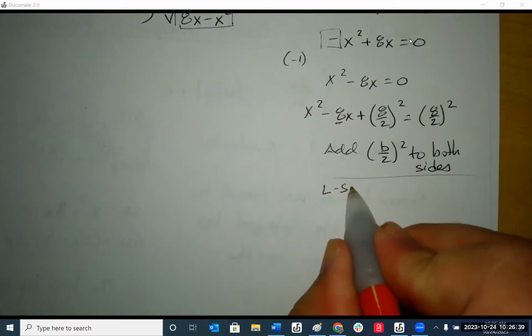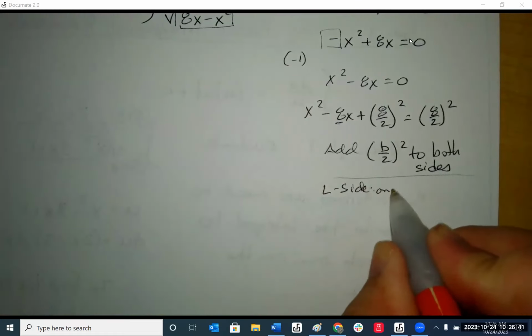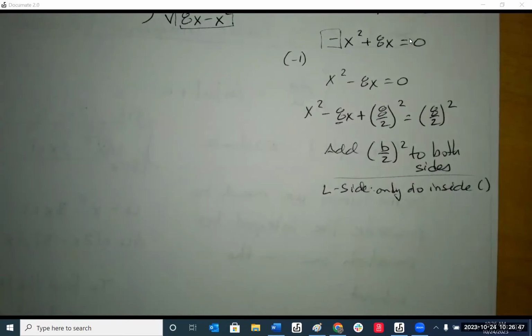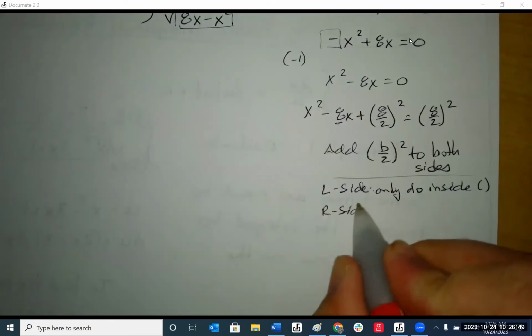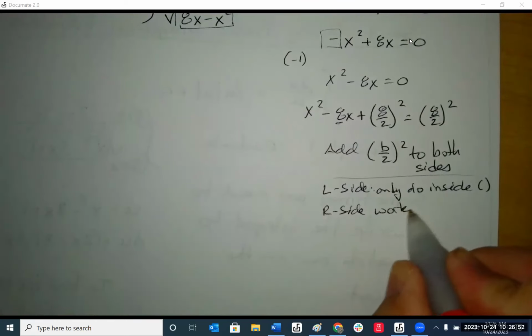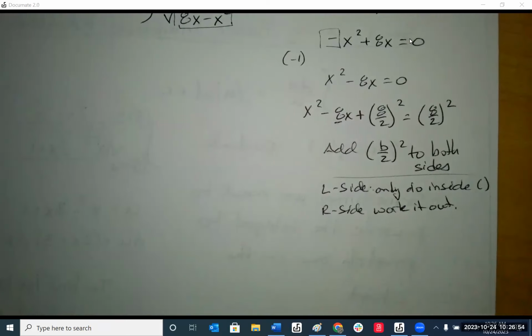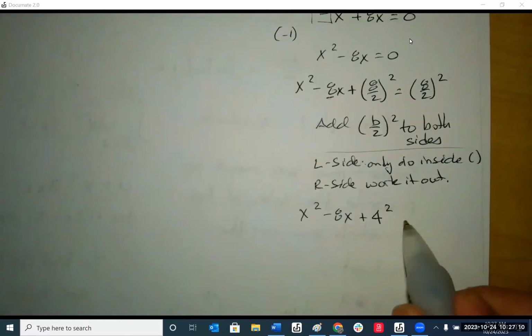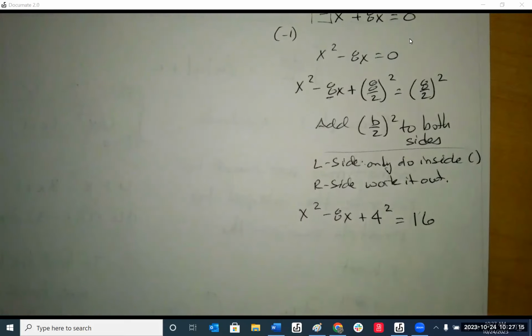On the left side, only do inside the parentheses. The right side, work it out. So on the left-hand side, we have x squared minus 8x plus 4 squared equals 4 squared, which is 16.